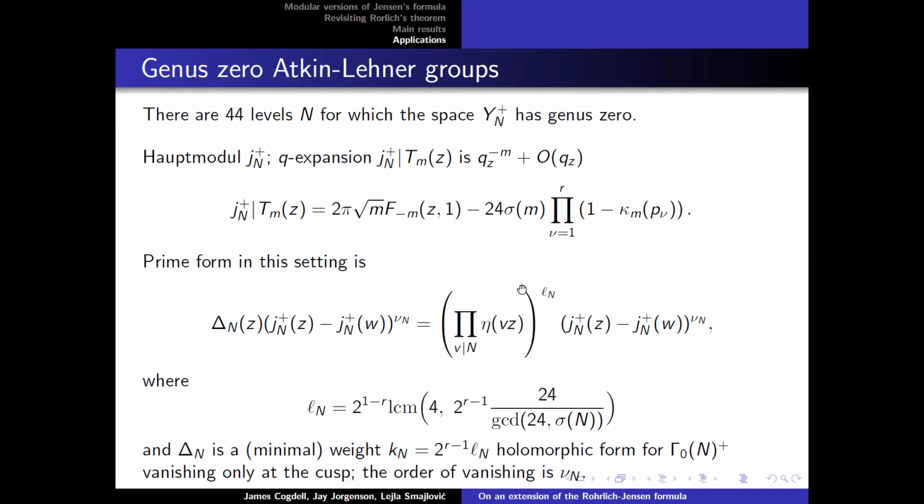And the prime form is nice. It is just the product of eta functions over the divisors to the power l_n times the difference of the Hauptmoduln to the power nu_n.